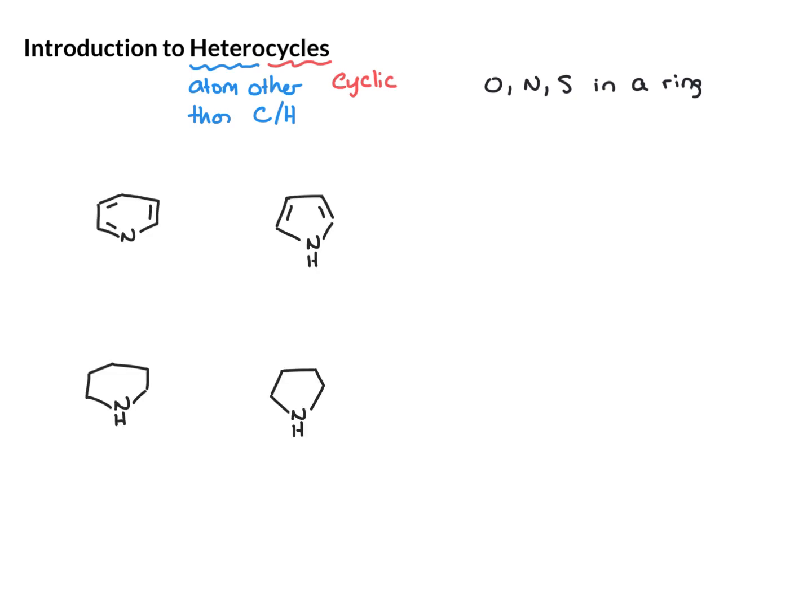Here are 4 common nitrogen-containing heterocycles. The first 2 are actually considered aromatic molecules. We have one with a 6-membered ring and a 5-membered ring. And we have double bonds throughout the ring. This first one is something we've seen before. This one is pyridine.